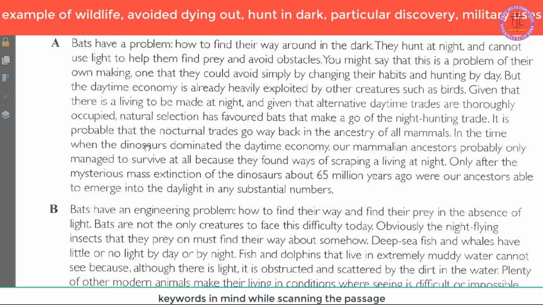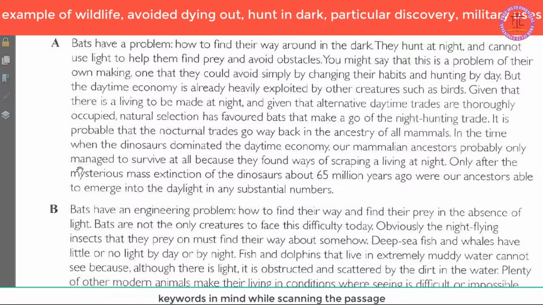It is probably that nocturnal trades go way back in the ancestry of all mammals. So, I mean, it's about the ancestry of all mammals. It's a very important information. In the time when the dinosaurs dominated the daytime economy, our mammalian ancestors probably only managed to survive.